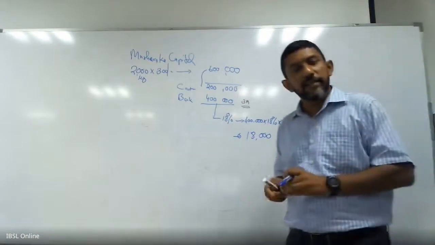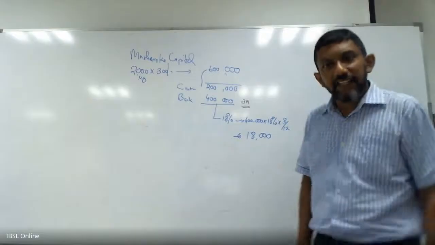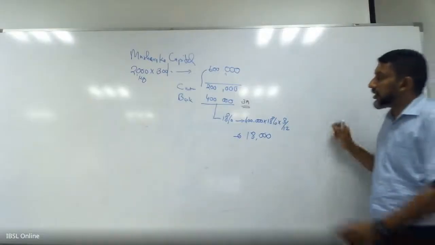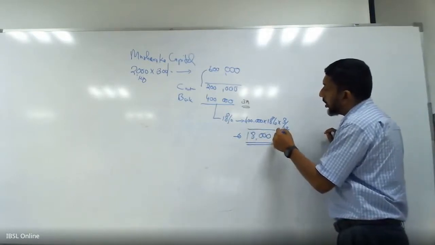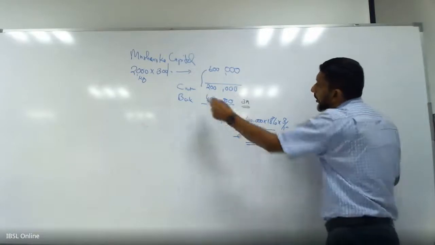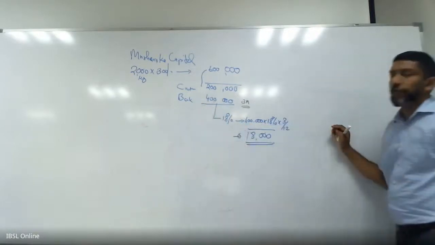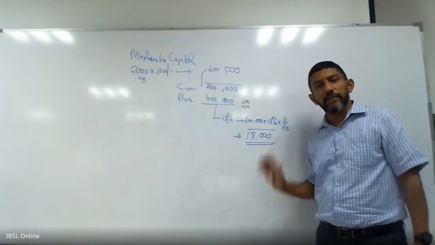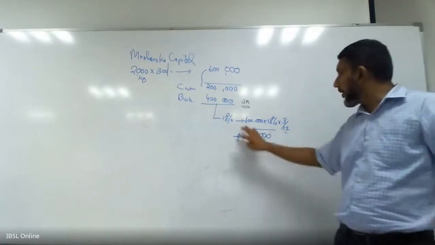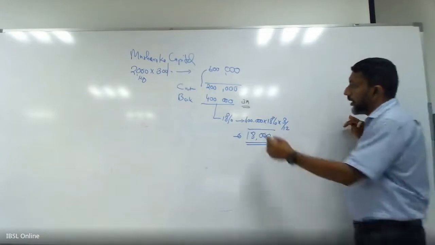Nobody has done this? Yes, 18,000. That is right. So this is the expected return, the total profit the Islamic Bank is expecting for this transaction. First, we establish that.